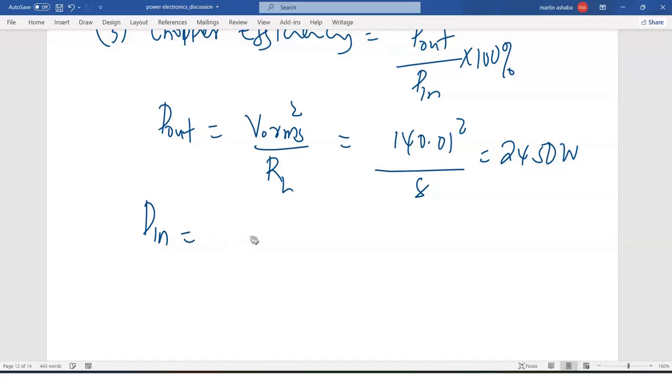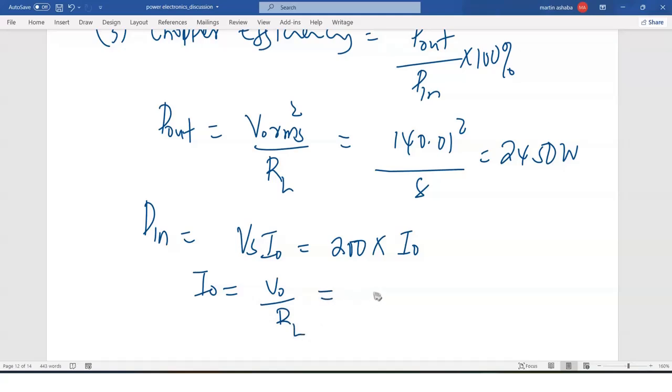Now what about the power in? The power input to this chopper is going to be Vs times I0, whereby I0 is the average output current. We know Vs as 200. Then the I0 is what we must calculate now. We get I0 from V0 divided by RL.